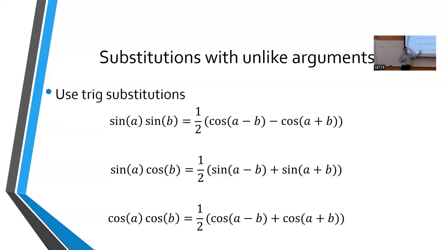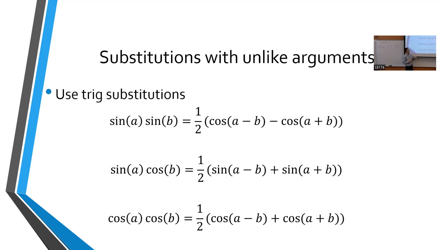Cosine of A times cosine of B is the same thing as cosine of B times cosine of A. So in the last problem, if I had used 7x for my A and 3x for my B instead of 3x for my A and 7x for my B, I would have ended up with the exact same answer.